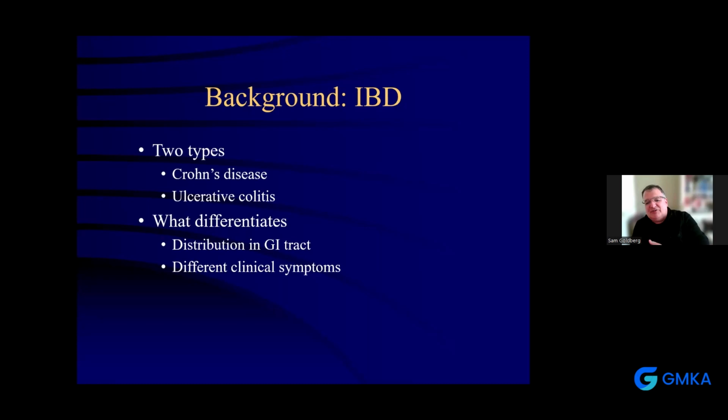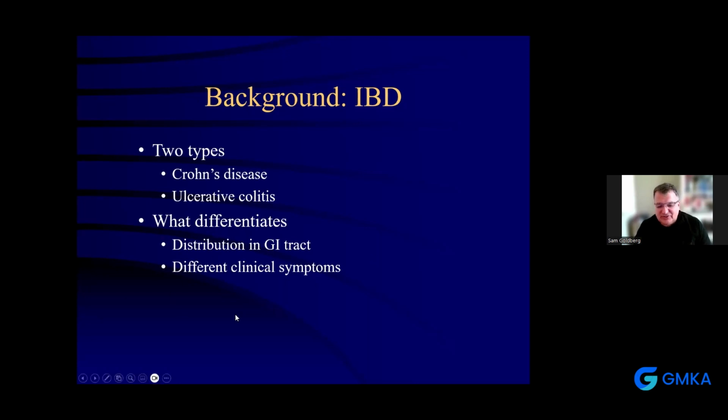Whereas if somebody starts with rectal and sigmoid disease, and then over time you start them on medicine and the rectum responds differentially better than the sigmoid or the descending colon, it's hard to call that Crohn's disease because different areas of the colon will respond differently to the treatment that the patient is receiving. So it's very critical to know how the patient presented when they weren't on treatment.